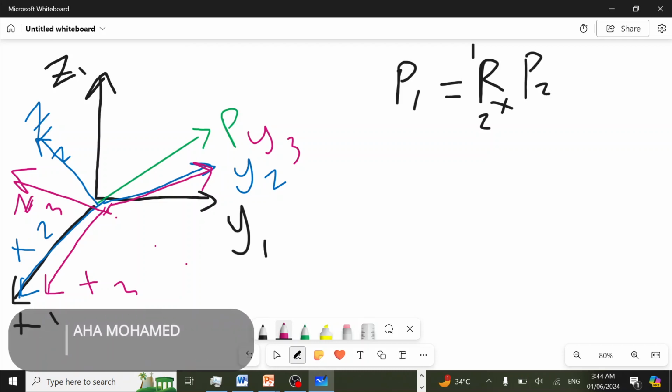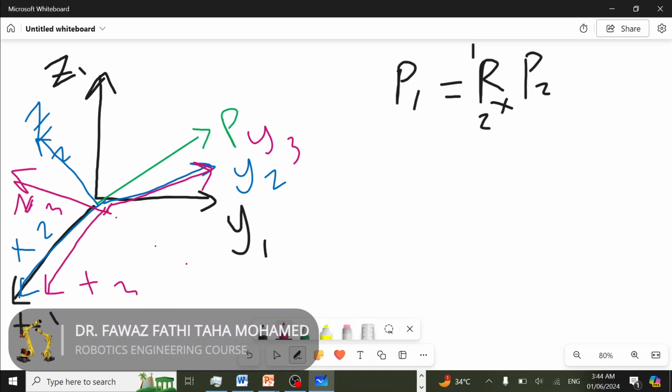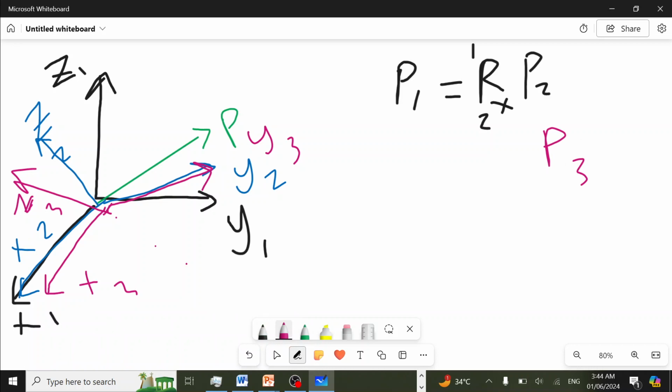If I want to represent P3, I want to find B2 with respect to B3, so I will multiply B3 with the new rotation matrix Ry, and this rotation matrix is around the current frame.